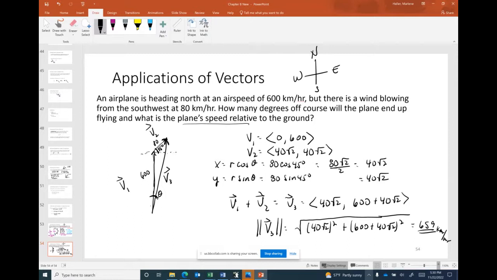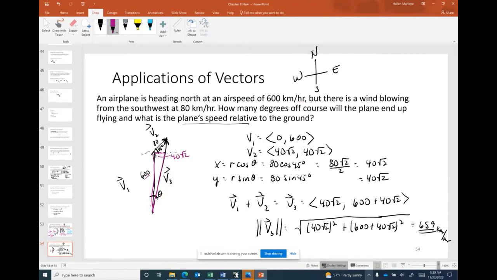Okay, let's consider this little triangle here. Here's one way to do this, with multiple ways. I know that one side is 600. Since I know the horizontal component of that top little triangle, I know this other side here is 40 square roots of 2.